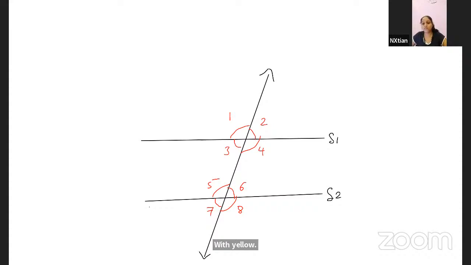That F can be in any way, it can even be opposite. The angle over here corresponds with the angle over here. Yes, that is right. Basically, they are the angles formed on the same side of the transversal.